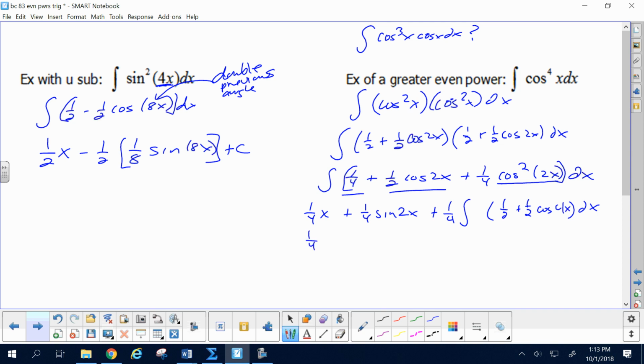So I'll get a fourth x plus a fourth of sine of 2x plus an eighth of an x plus an eighth times the antiderivative of cosine 4x. What's the antiderivative of cosine of 4x? Sine of 4x divided by 4.